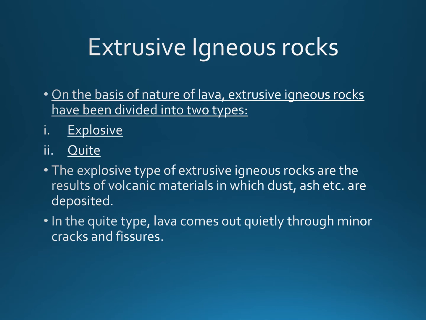The explosive type of extrusive igneous rocks are the results of volcanic materials in which dust, ash, etc. are deposited. On the other hand, in the quiet type, lava comes out quietly through minor cracks and fissures.